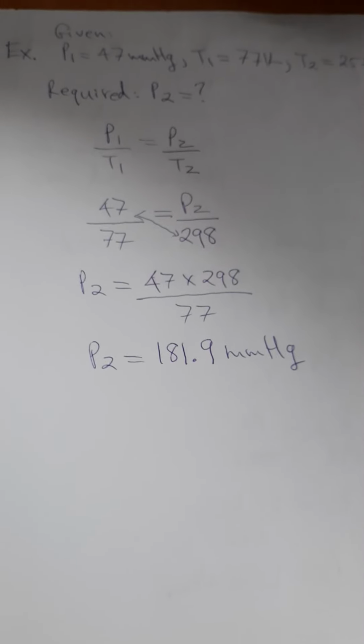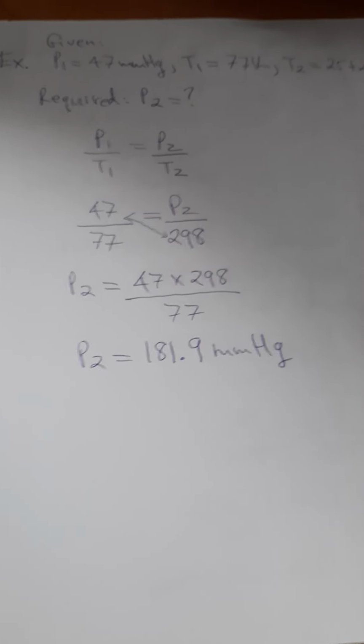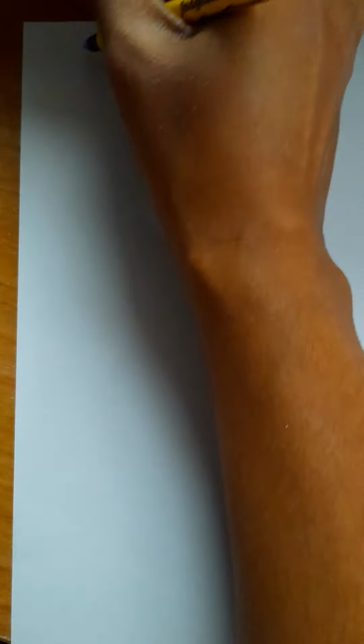So with that, let's try one last example, and this time the question is going to include us looking for the temperature. I'm going to read out loud. A gas thermometer measures the temperature by measuring the pressure of a gas inside a fixed volume container.